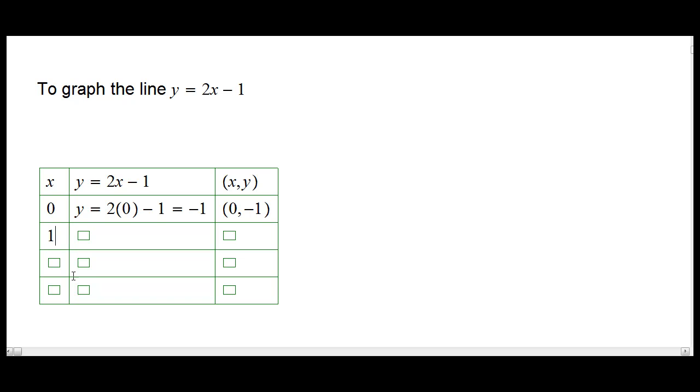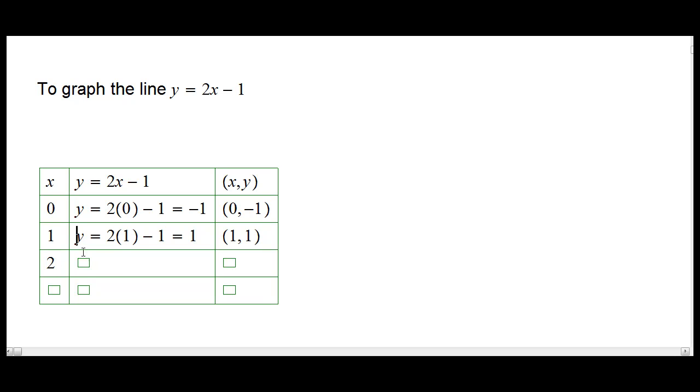Now after that we'll put x equals 1, say. Then 2 times 1 is 2, and 2 minus 1 is how much? 1. This gives us (1, 1) as the coordinates of another point on the line.